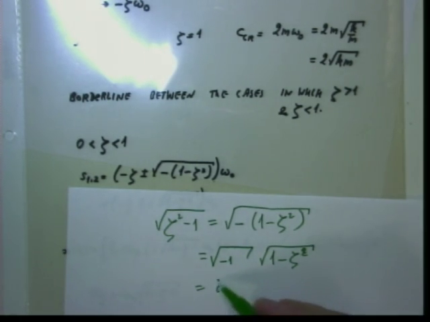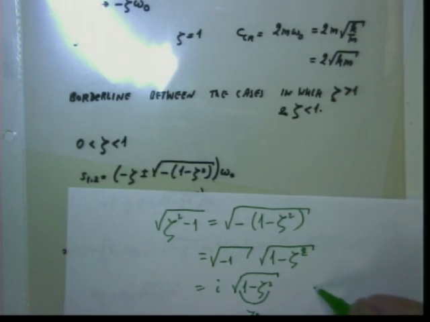This guy equals i, and this one is the square root of 1 minus zeta square, which is of course positive, because we said that zeta is smaller than 1. So we get this imaginary unit, i.